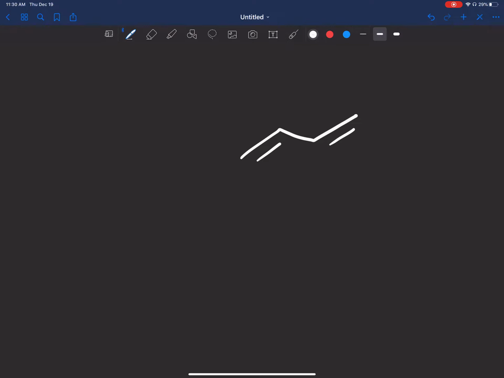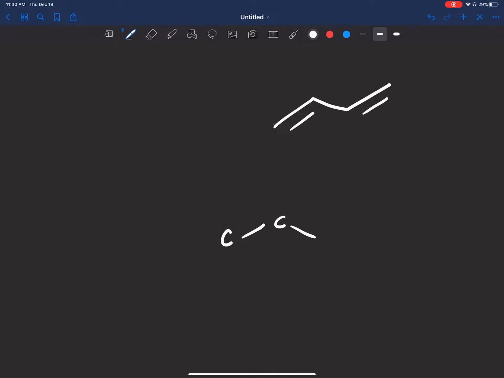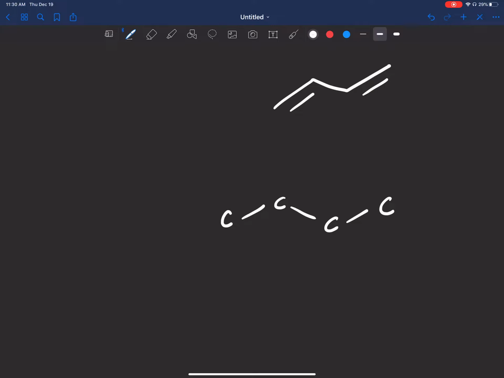Now, why is that? Remember that double bonds are composed of p orbitals, right? If we were to draw the orbitals for this, I'll draw the carbons so you can see them. Here are our 4 carbons. I'm not going to draw the hydrogens, and I'm going to draw these little balloon shapes.